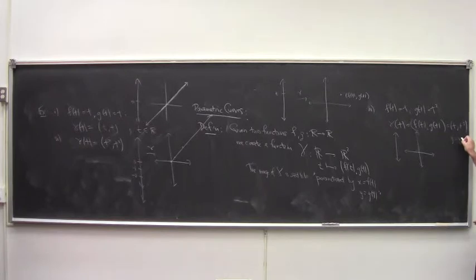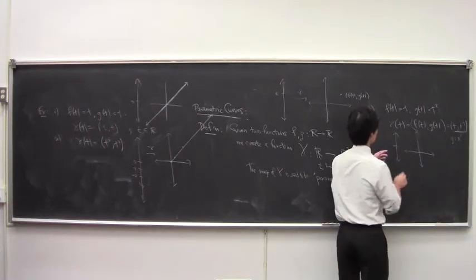By noticing that, you know that the image lies on the parabola. You don't necessarily know that it's the whole parabola, but you know that the curve is on that parabola. In fact, it is the whole parabola, right?